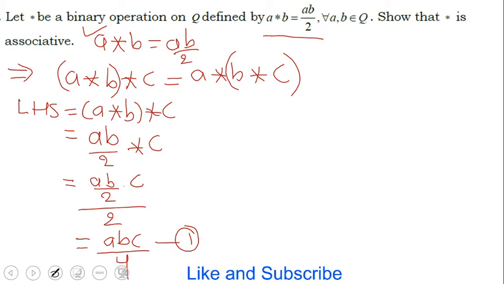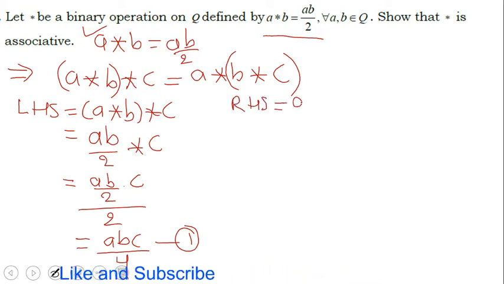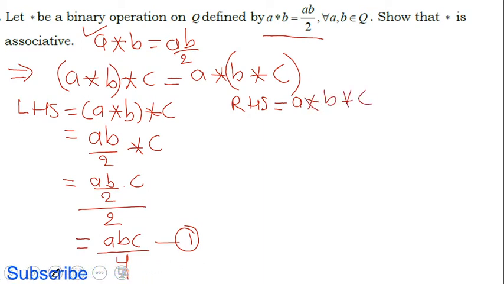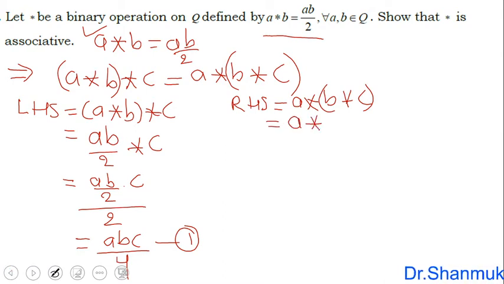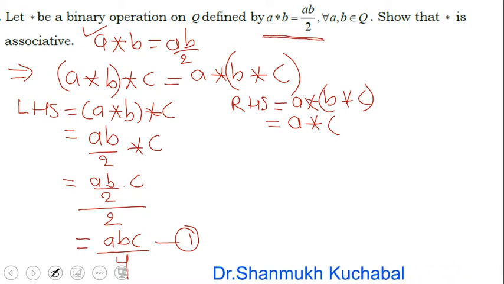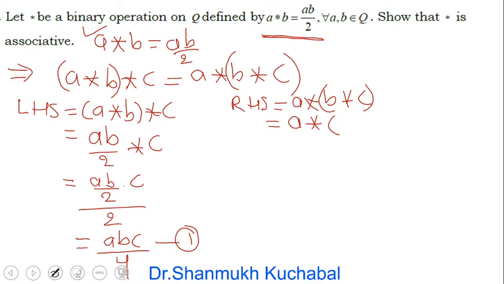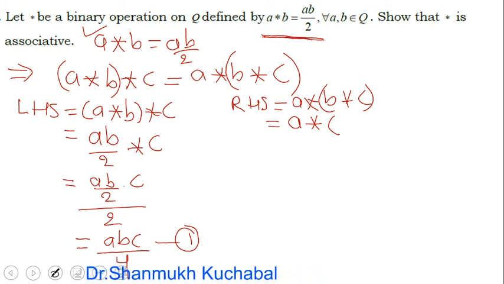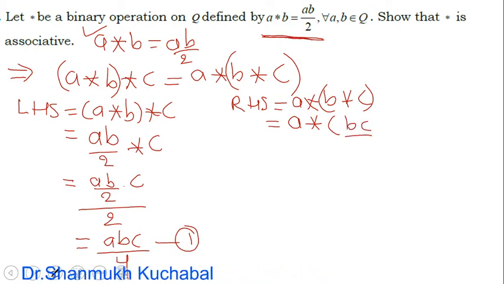Similarly we will take the RHS part. It is A star (B star C), the last 2 elements are grouped here. So A star will be as it is. The bracket we have to simplify, B star C. A place we take B, B place we take C. So we get BC divided by 2. So the above definition we apply, A star B is AB divided by 2.